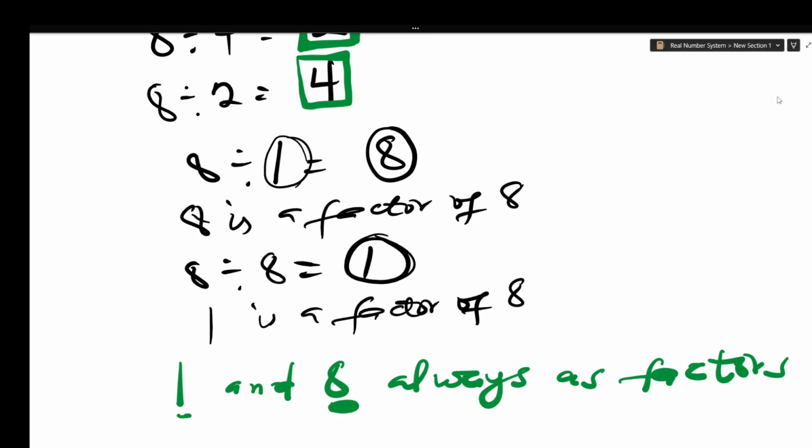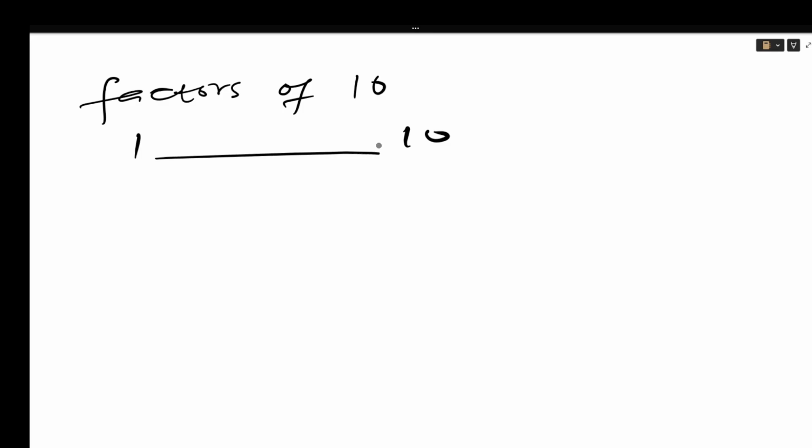If we are to try another example, let's pick number 10. So factors of 10. Like we said, 1 and 10 will always be factors of 10. So we can write our 1 and our 10 like this, then we can find the numbers in between.